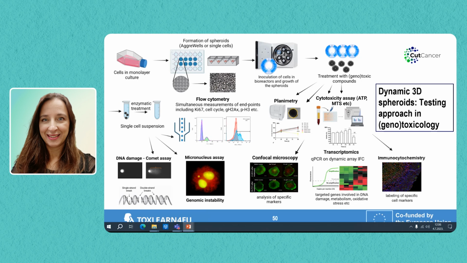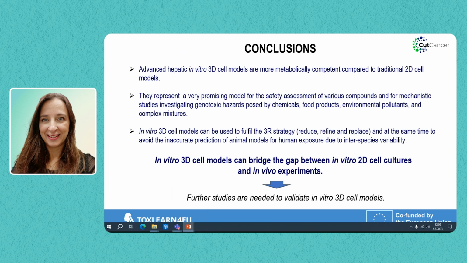Then we check different endpoints, from cytotoxicity, measuring the planimetry of the growth. With confocal microscopy, we can check different markers. Then there is transcriptomic and proteomic analysis, and immunocytochemistry as shown. On the other hand, we can disintegrate the spheroids into a single cell suspension by enzymatic treatment, and we can perform the comet assay, the micronucleus assay, as well as flow cytometric analysis of different endpoints.